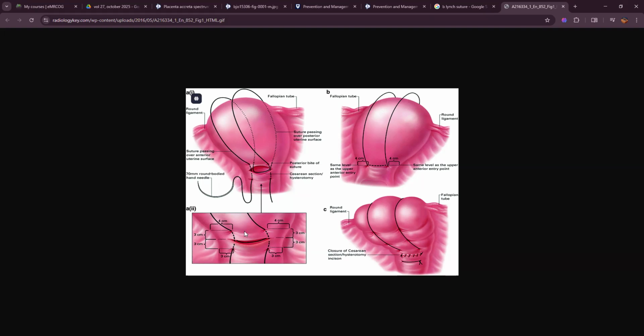You are going to insert it here and bring it out from the back of the uterus. And then the assistant is going to compress over the uterus, bring this suture, so you can insert it again 3 centimeters above the hysterotomy.